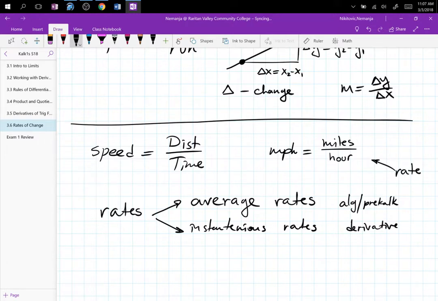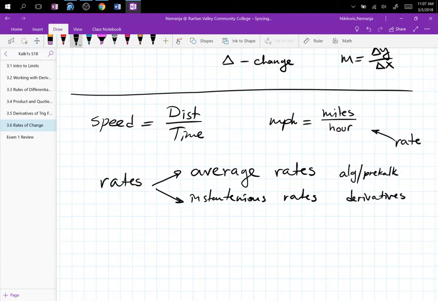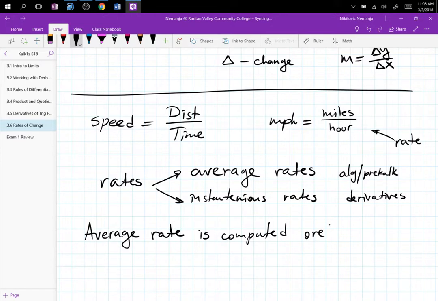Now, average rate is computed over the interval.